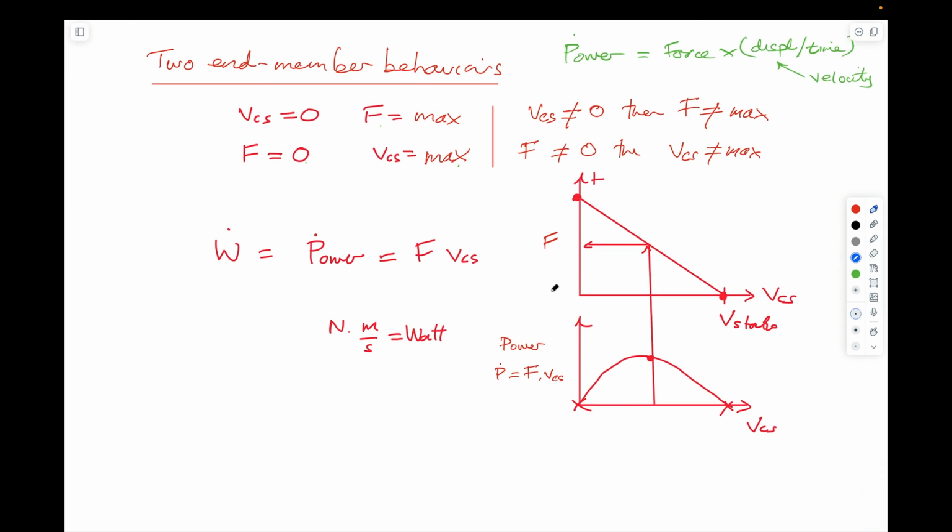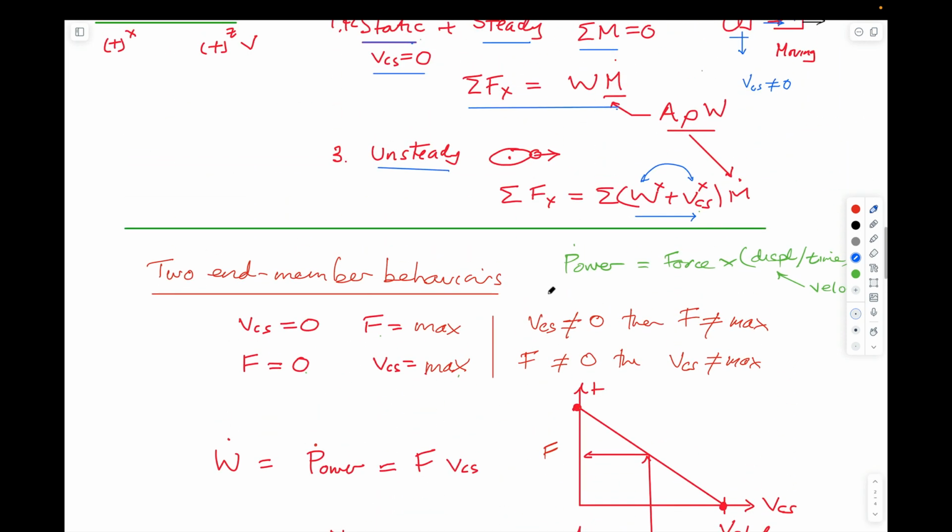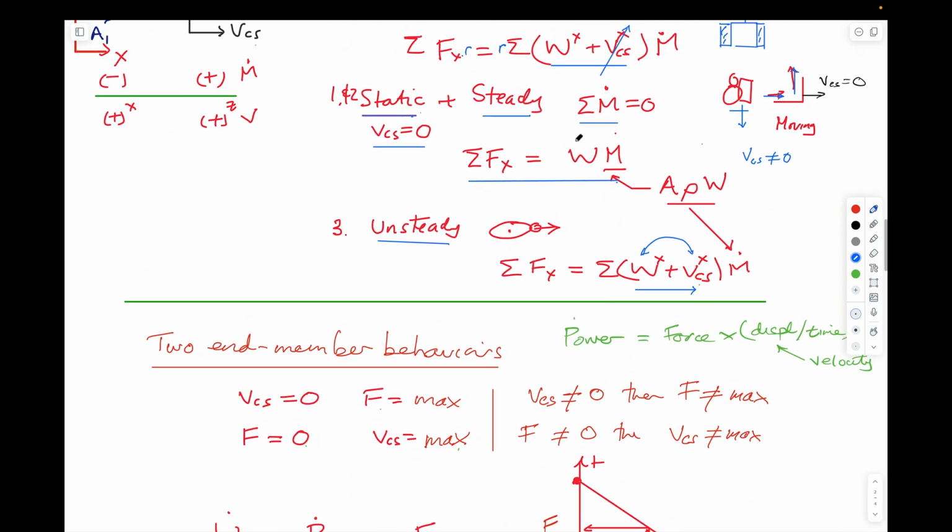Finally, I guess we can talk about power that's generated from these machines. The two end member conditions that we can talk about for these systems, say for the vane, is one, if you're holding it static, then the velocity by definition is equal to 0, and the force that you have to apply to hold it in place is a maximum. The converse of that is if you're allowing it to move, if you provide no force to restrain it, then the velocity the vane will move at, the control surface velocity, will be a maximum.